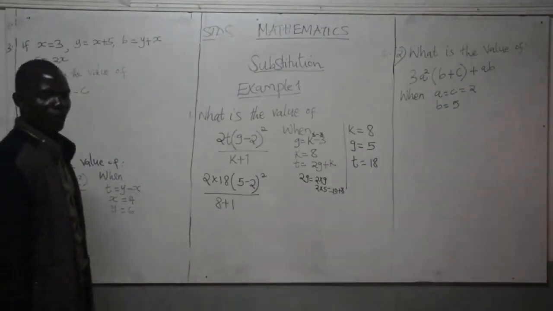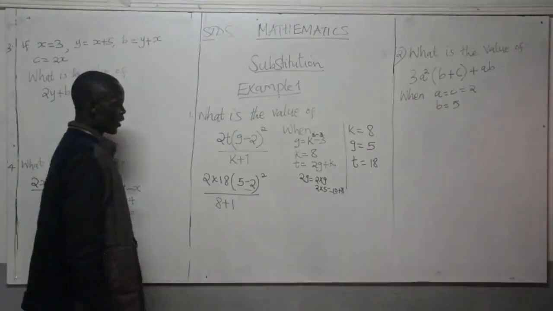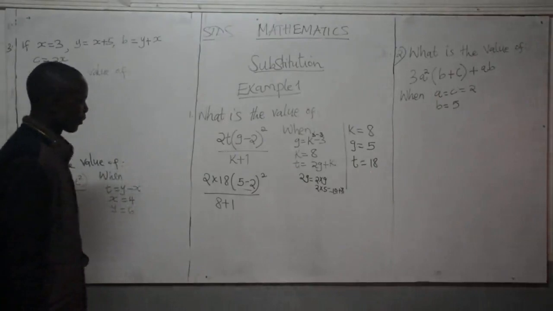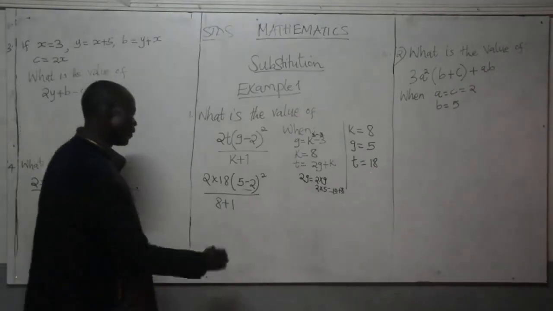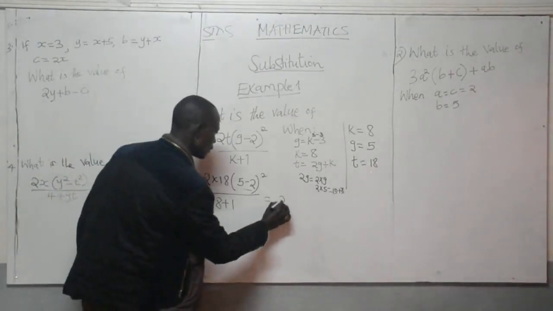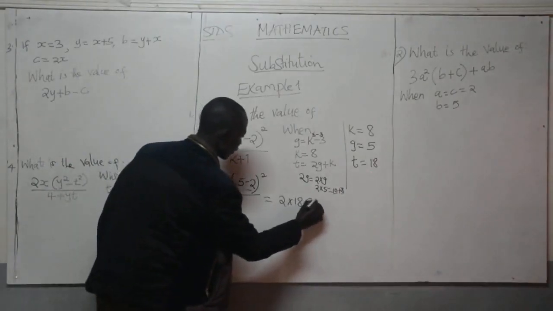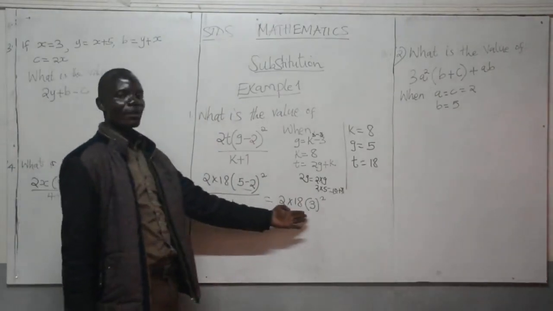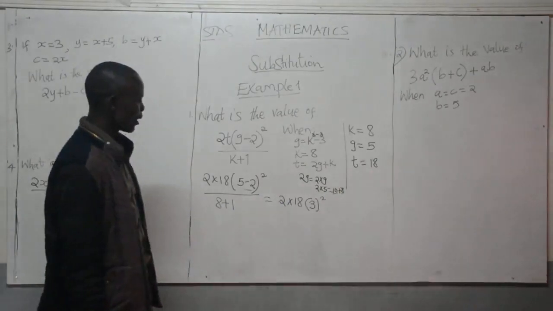So you can work out the numerator. The bracket first, that is 5 take away 2. 5 take away 2 gives us what? Gives us 3. So that we have 2 times 18 into bracket 3 squared. We are supposed to square the value of 3, and to square a number is to multiply that number by itself.